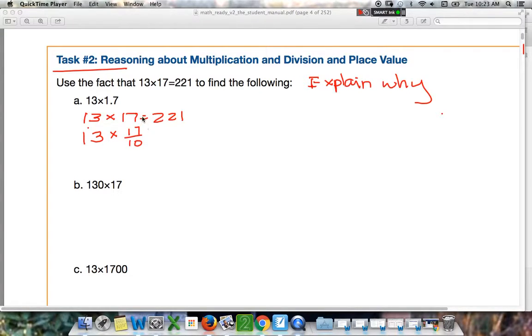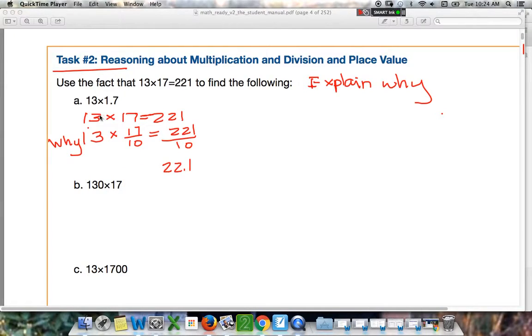Now to keep something equivalent, if I divide this side by 10, I would have to divide this number by 10. This would be the y part, and then when you get the answer, that would be the second part. So 221 divided by 10, if you do that on the side of your paper, you would get 22.1.